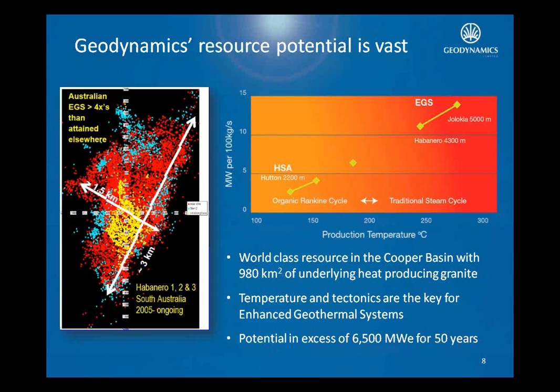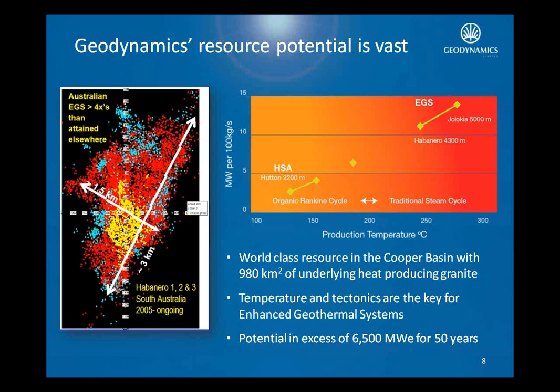Now, in terms of what we've created, why is this so good in the Cooper Basin? If you see the graph on the right hand side of this slide, we talk about production temperature versus the megawatts of energy you can produce from 100 kilograms per second of flow that you get from a well.